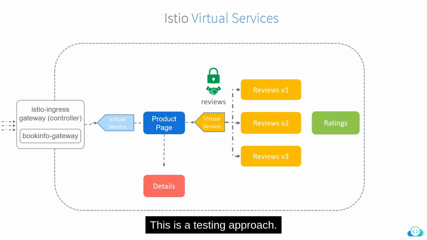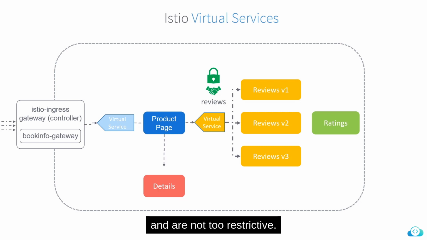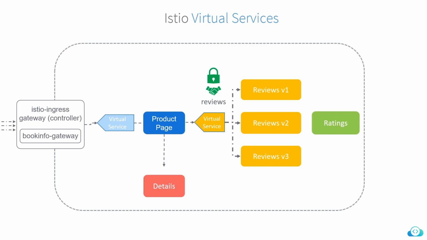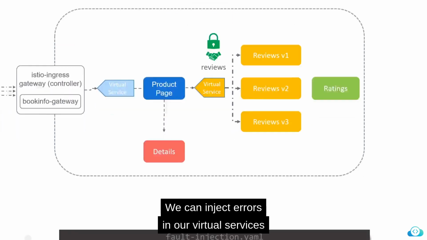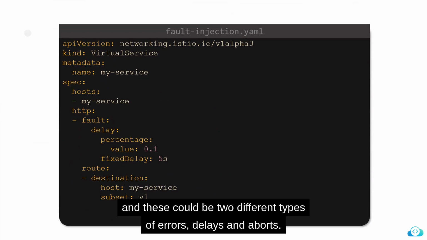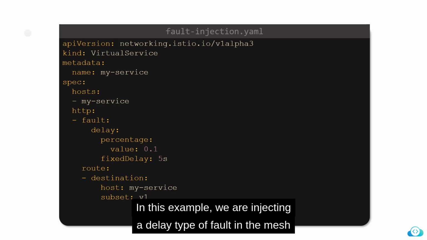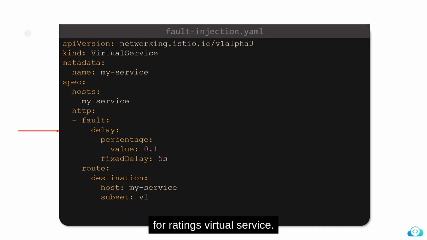This is a testing approach, and it helps us to see if our policies run efficiently and are not too restrictive. We can inject errors in our virtual services, and these could be two different types of errors: delays and aborts. In this example, we are injecting a delay type of fault in the mesh for the ratings virtual service.